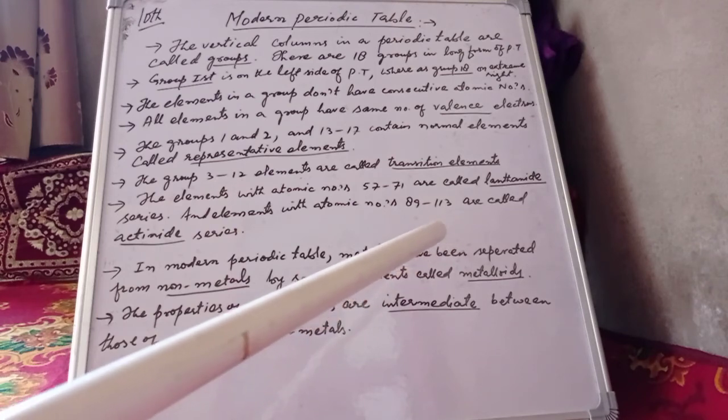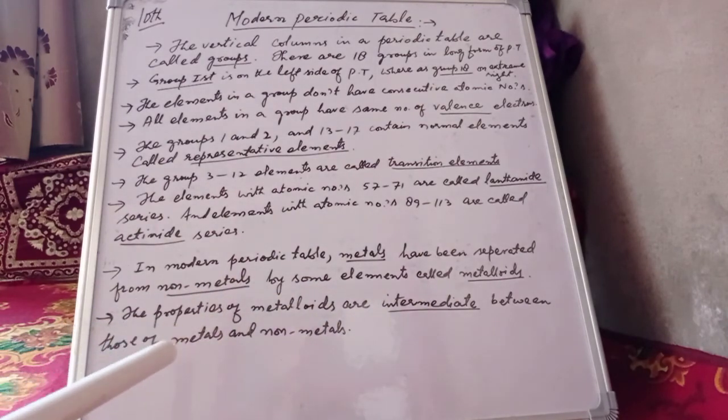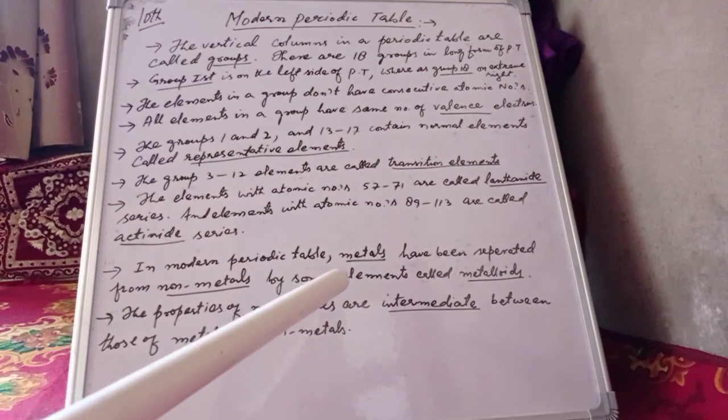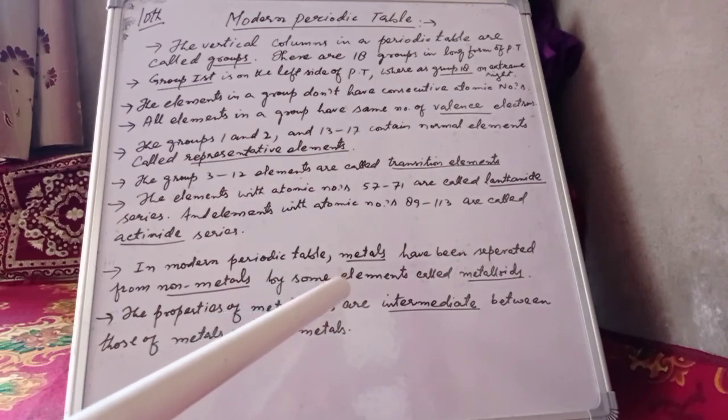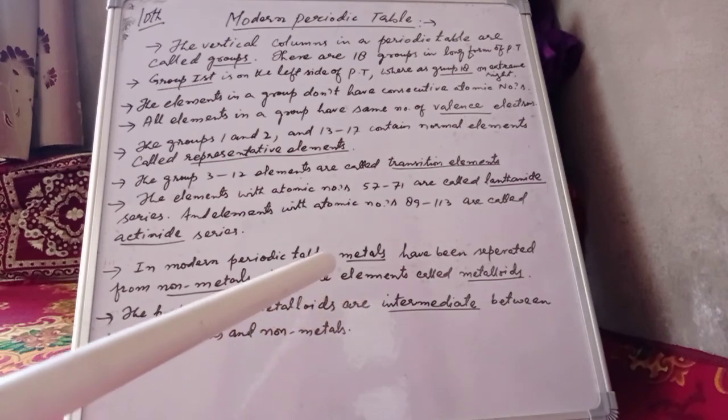The properties of these metalloids are intermediate between those of metals and non-metals. They are termed metalloids, and that means they show metallic as well as non-metallic properties.